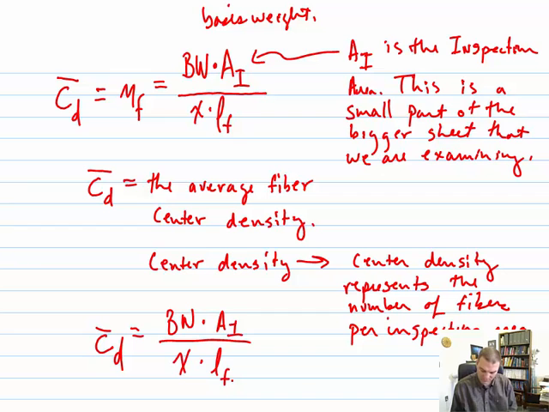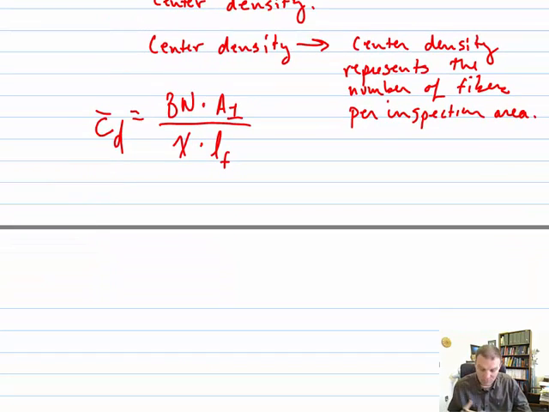Now once we know this average number, we can use that in the Poisson's distribution, right? So it's pretty straightforward. We're going to assume that the Poisson's distribution applies here, and if we know the average number of fibers that fall, we can also calculate the variability in the average number of fibers that fall.